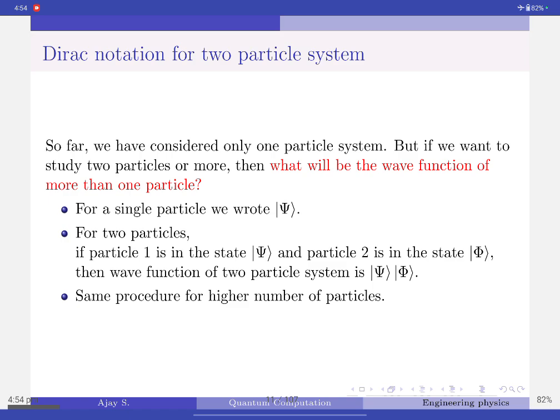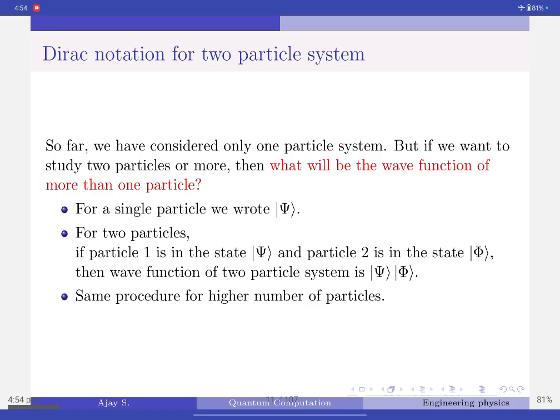For a single particle, we just write ket psi. For two particles, let us say particle 1 is in the state psi and particle 2 is in state phi, then the wave function of the two particle system is ket psi, ket phi. There is a tensor product between them, but you don't have to worry about that here.